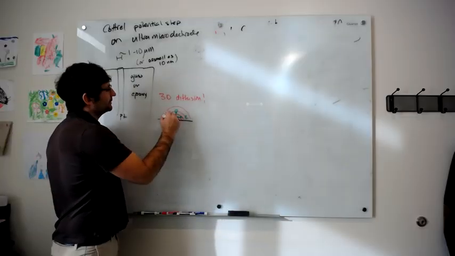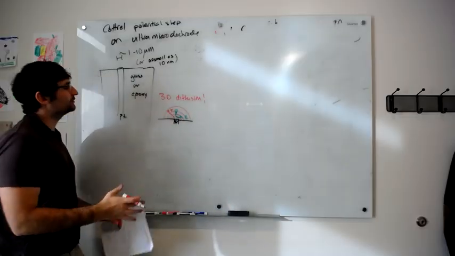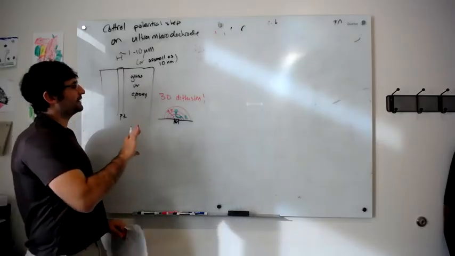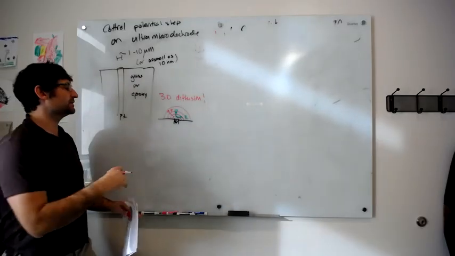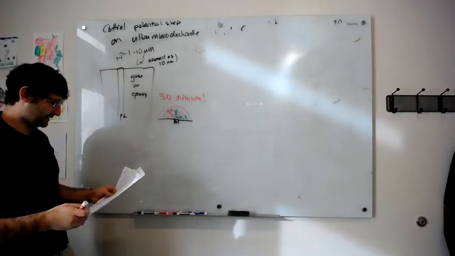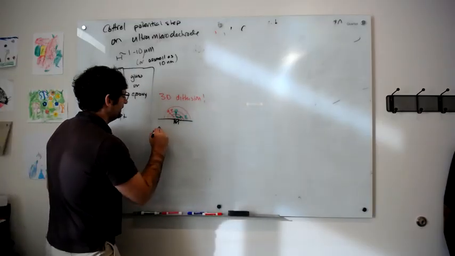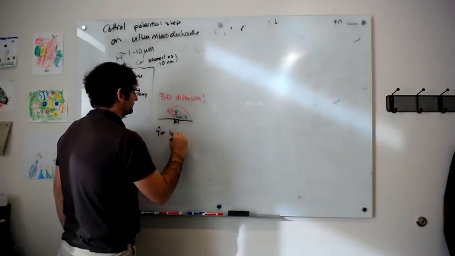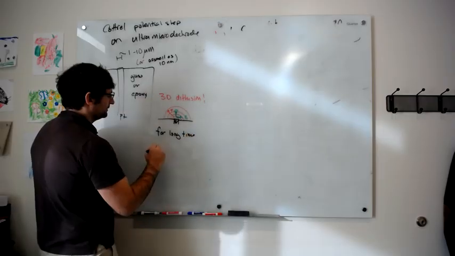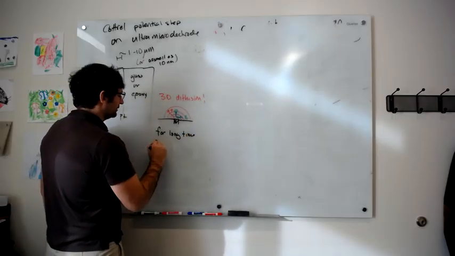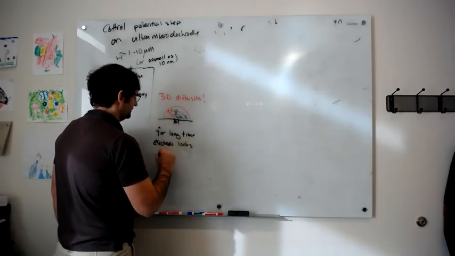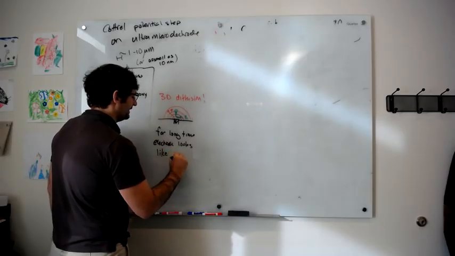So as time goes on, I'm going to pull stuff from further and further away from the electrode, but I'm going to be able to do it in 3 dimensions, not just in 1 dimension, and that's going to have big implications in the current.